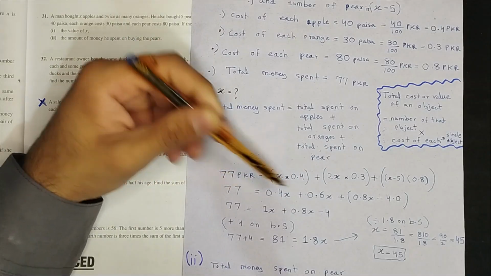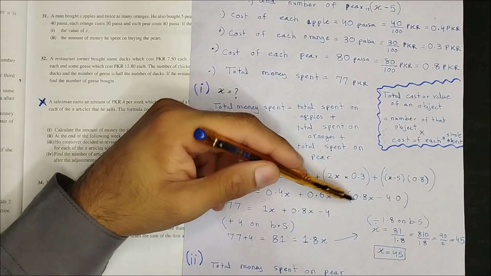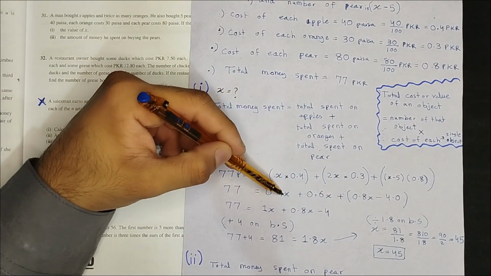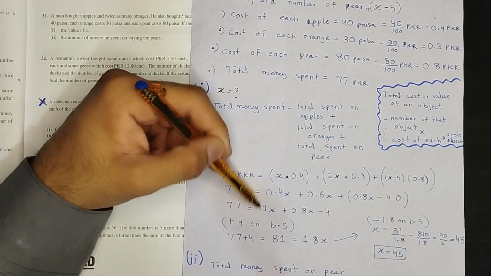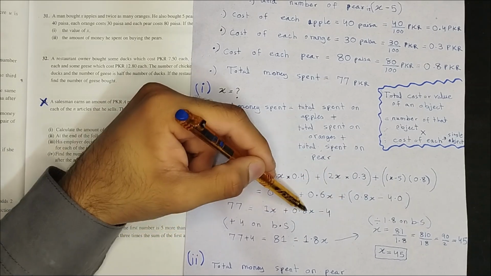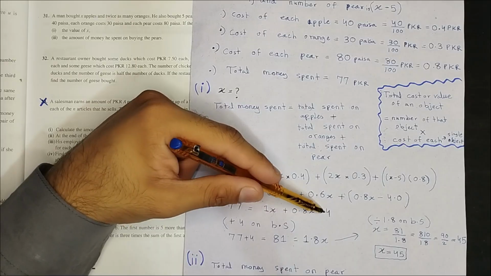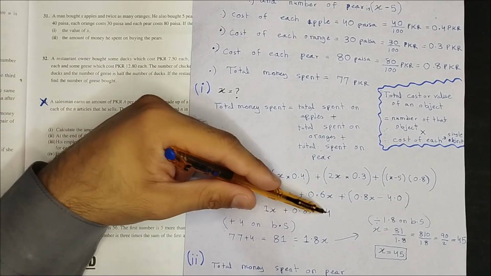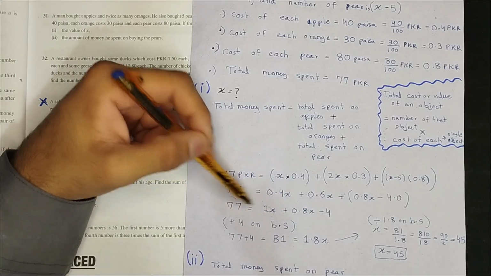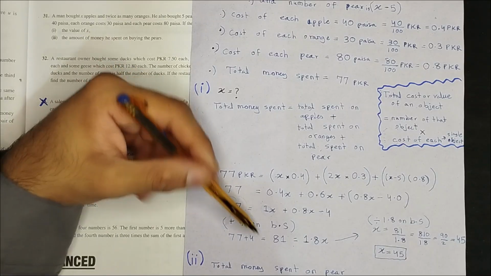Now that I have a proper equation, I can simply proceed with it. The plus sign doesn't change any sign, so it just opens the bracket. 0.4x plus 0.6x makes 1x, plus 0.8x minus 4. To make sure that only the variables are left on this side, we take the minus 4 to the other side, where it becomes plus 4.